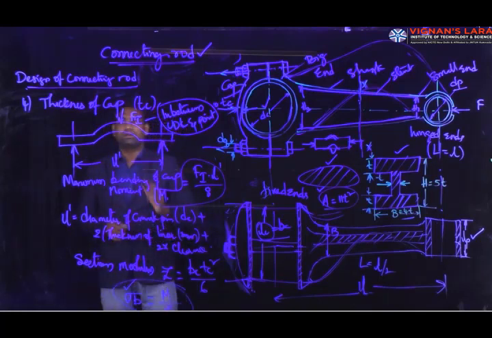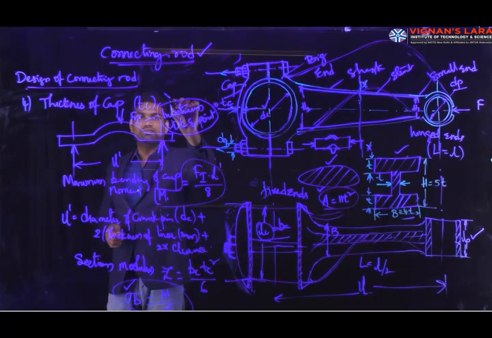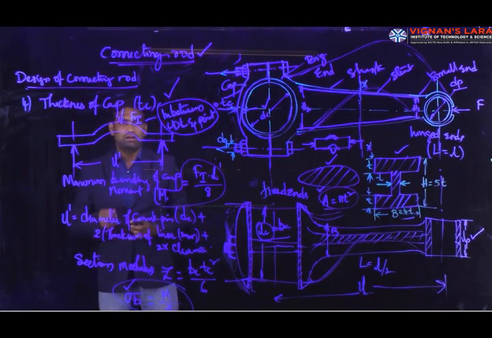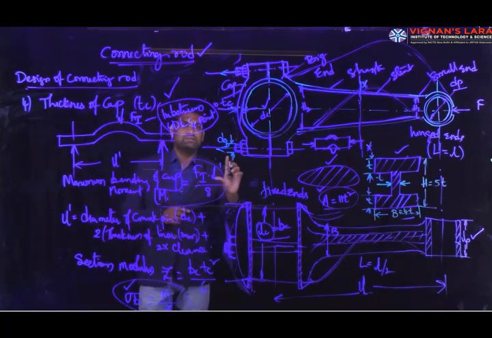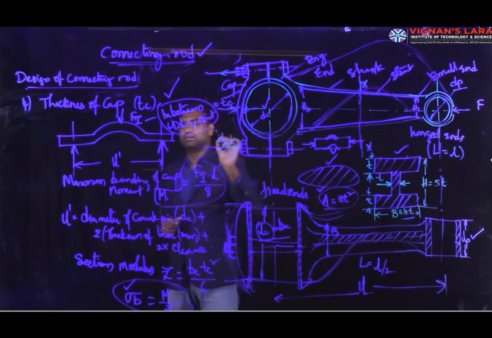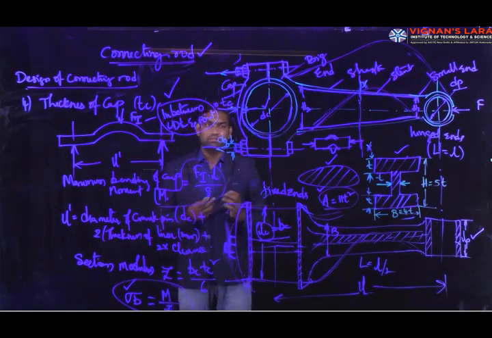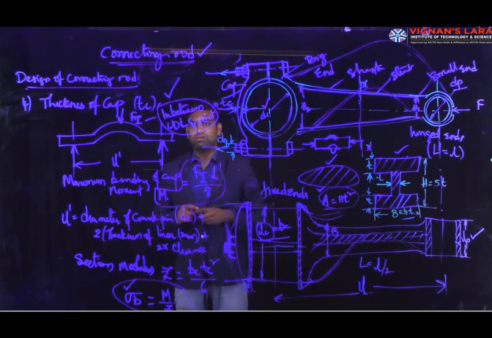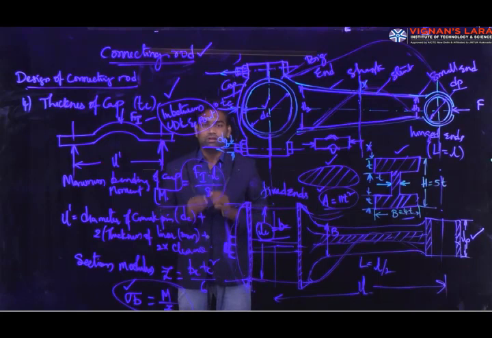The only thing we need to remember here are the two assumptions. The first is that the cap is assumed as a simply supported beam supported at the center of the bolts. The second is that it is loaded by the maximum inertia forces when the piston is at top dead center, and this load is not completely a center concentrated load or a UDL; we take the magnitude in between these two values.